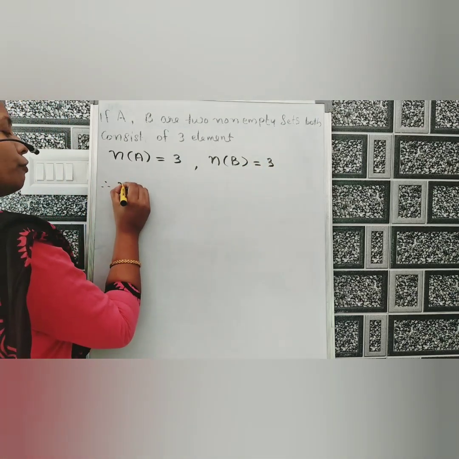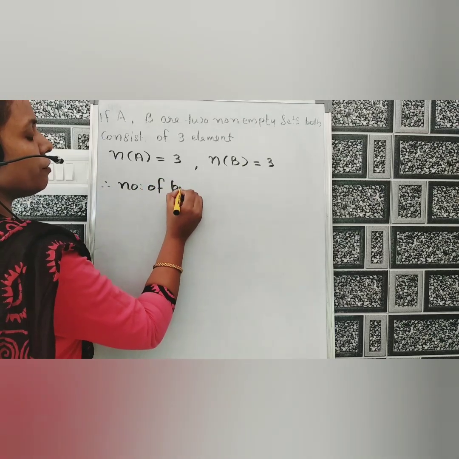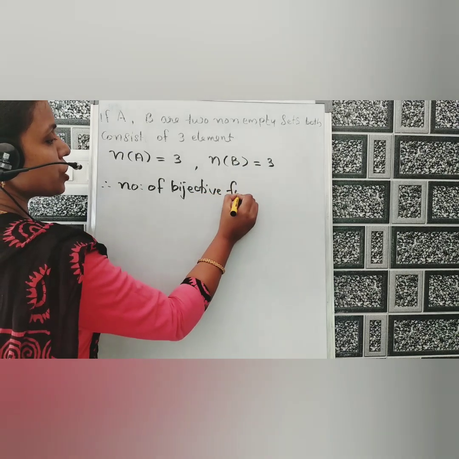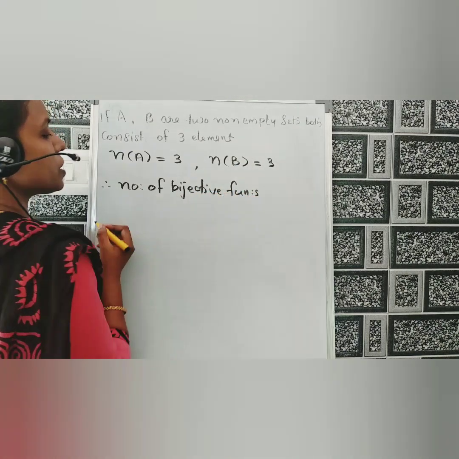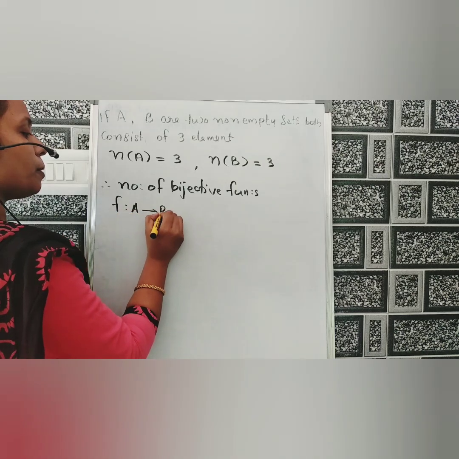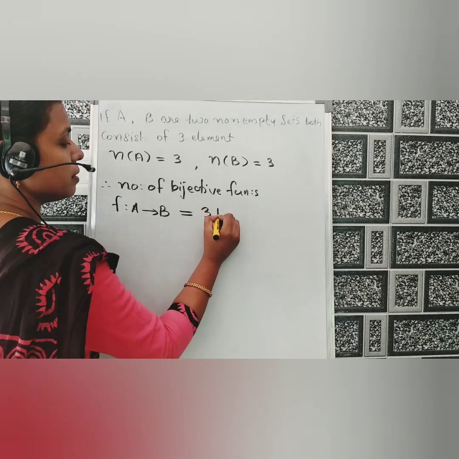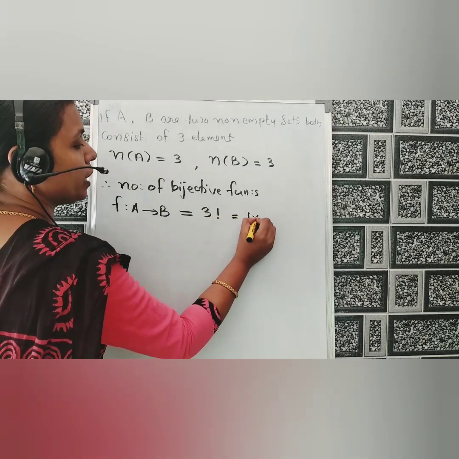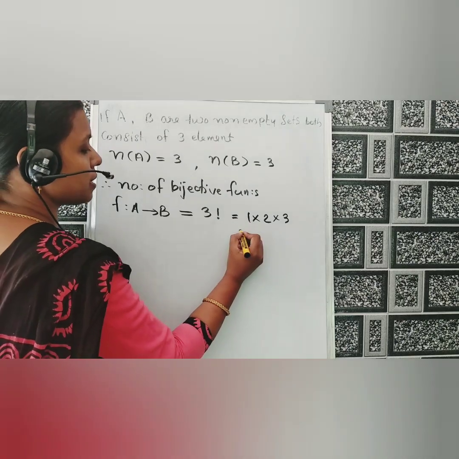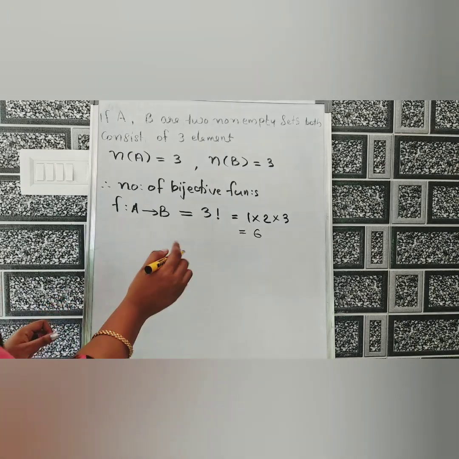Therefore the number of bijective functions f from A to B is 3 factorial, which is 1 into 2 into 3, that is equal to 6. Therefore the number of bijective functions f from A to B is 6. Clear?